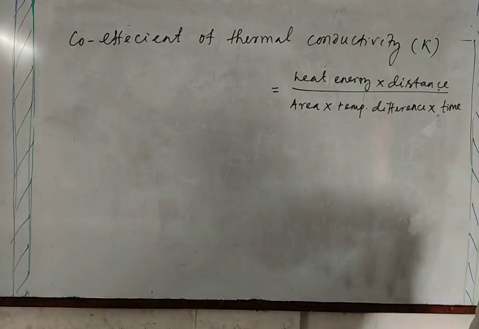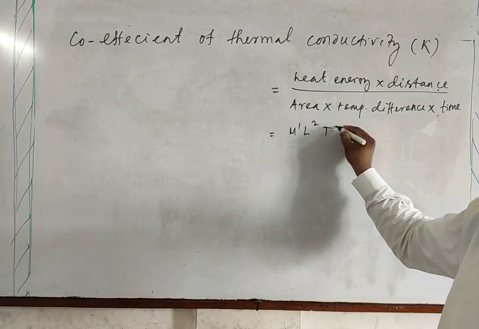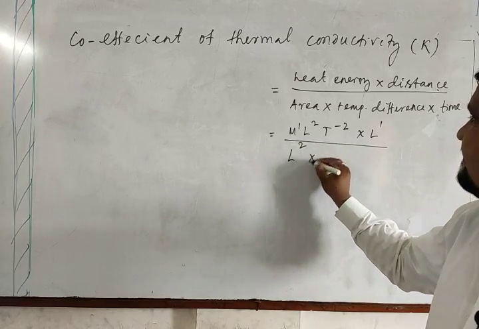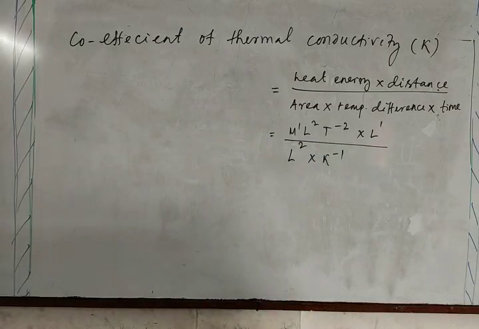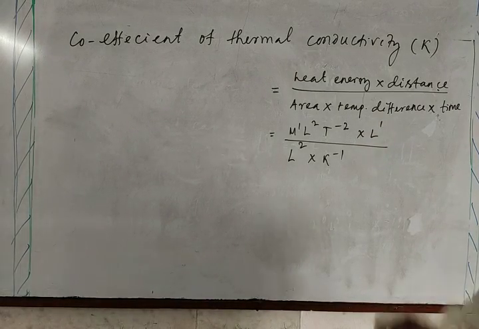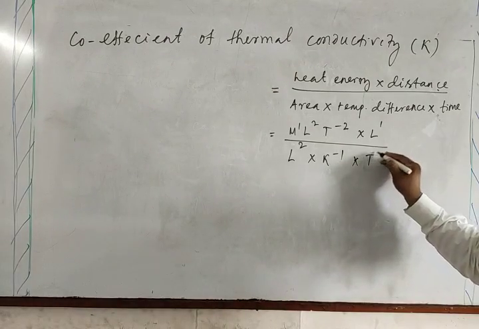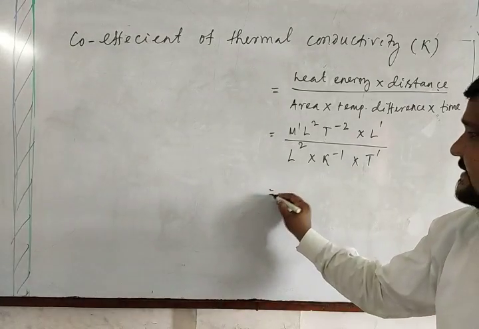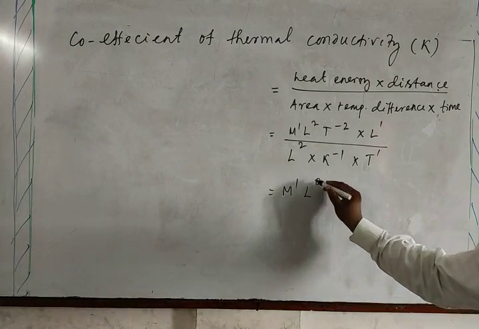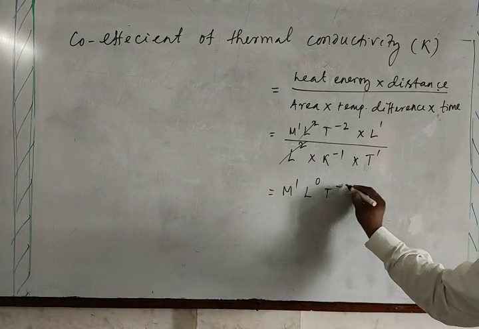If you put all these in, heat energy is M1 L2 T minus 2, distance L1, area L2, temperature difference K minus 1, since temperature is in Kelvin, and time is in seconds, so its dimension is T1. So L2 gets cancelled, giving L0, and T minus 2 with T1 gives T minus 3.